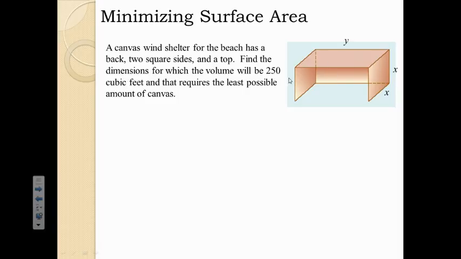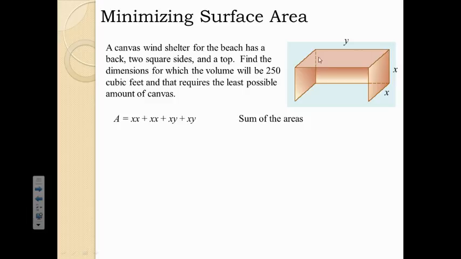So if we wanted to do that, we need to find the surface area, and the area of it is going to be, well, we realize that this one side is x long and x high, so the area of this is going to be x times x, and also the other side is the same dimensions, so that's also x times x. And then the top is this particular shape, so that's going to be a length of x times y, and of course the back is the same thing.